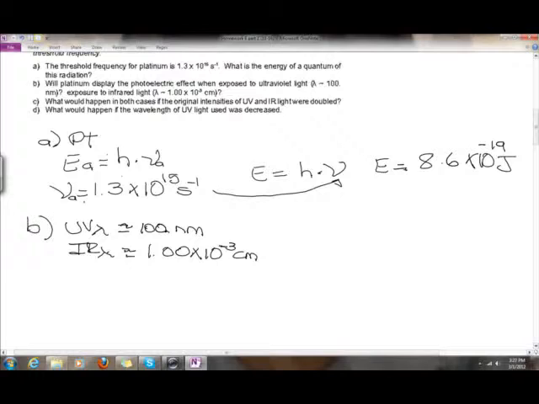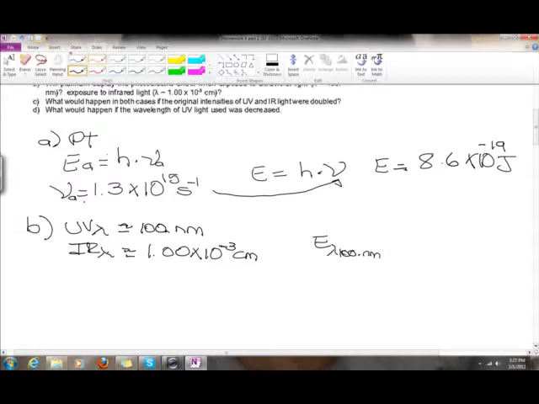So let's go ahead. The first thing we have to do is calculate the energy at the 100.0 nanometer wavelength, the ultraviolet.